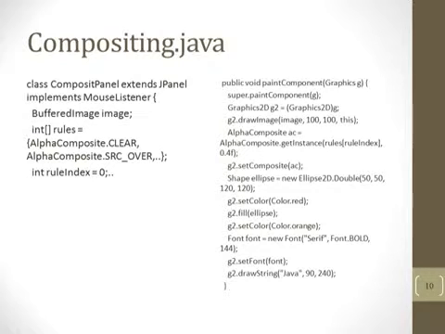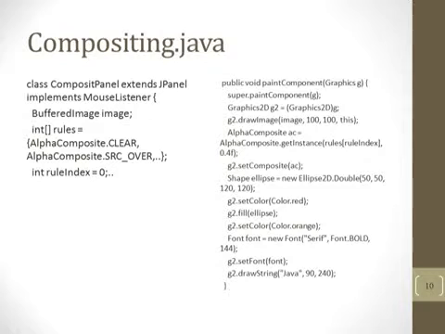The variable rule index points to the current compositing rule. The mouseClicked method rotates the compositing rule by incrementing the rule index. A repaint method is called to refresh the display with the new compositing rule. So every time the panel is clicked, the panel switches to a different compositing rule.